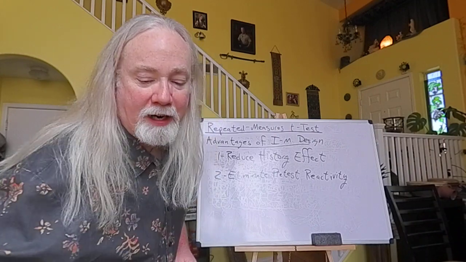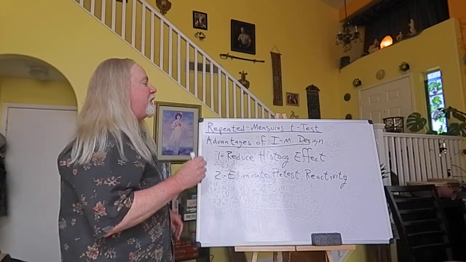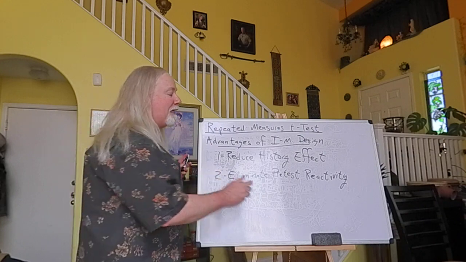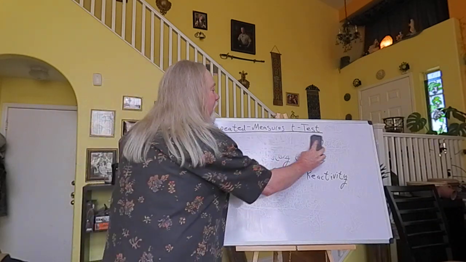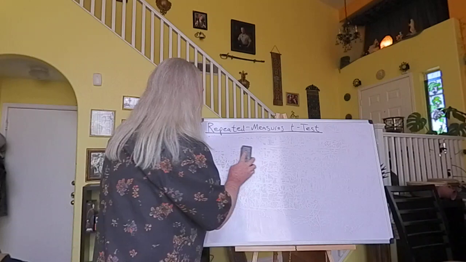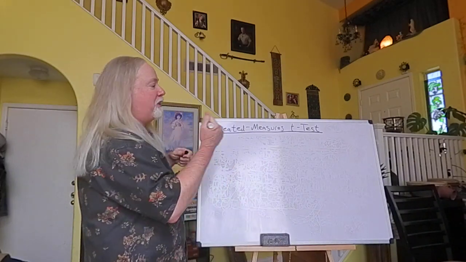The last thing for us to touch on here is the assumptions for a repeated measures t-test. And there are only 2, and they're the same 2 we have had every chapter.